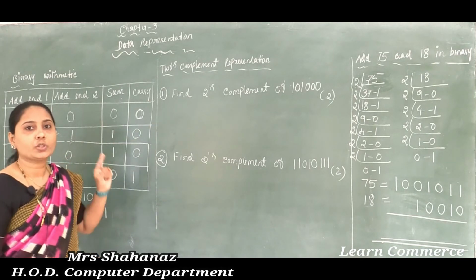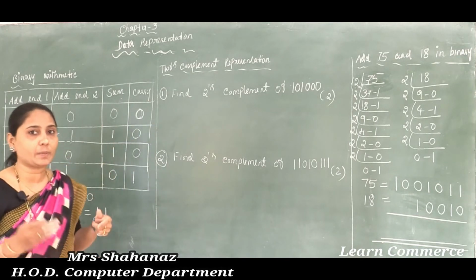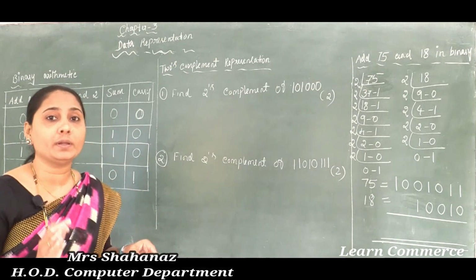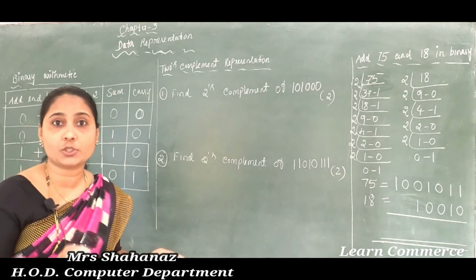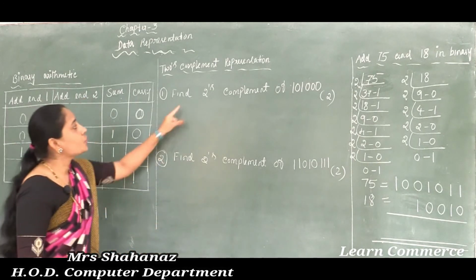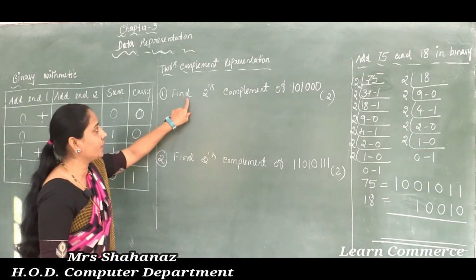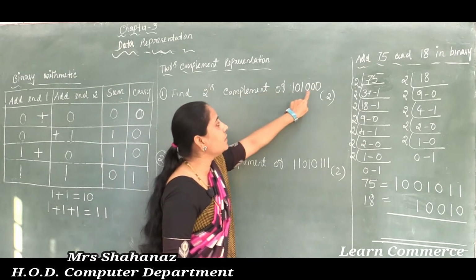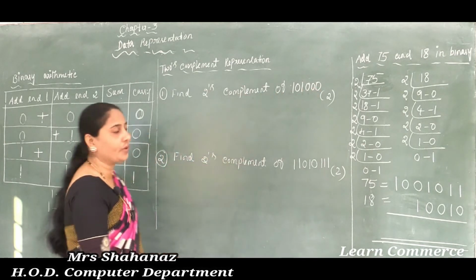Clear this one? First of all, the question, maybe there is some confusion here, that whatever I said maybe is not clear to anyone. So now the question is to find the 2's complement of 101000. How are we going to find it?